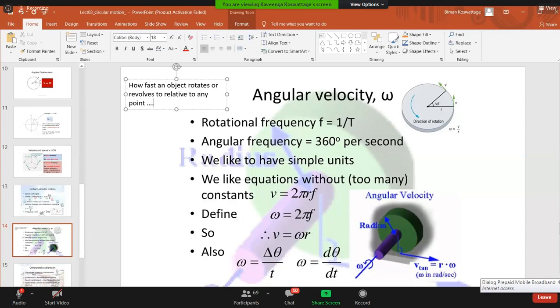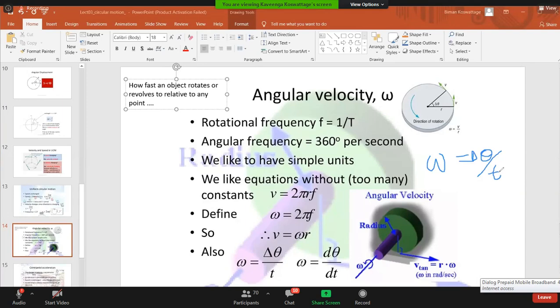And so we define v equal to 2πrf. And then we can derive an equation. One thing is that omega we can define very clearly. So please write this one. Omega is delta theta divided by t, because it's defined between 2 points.